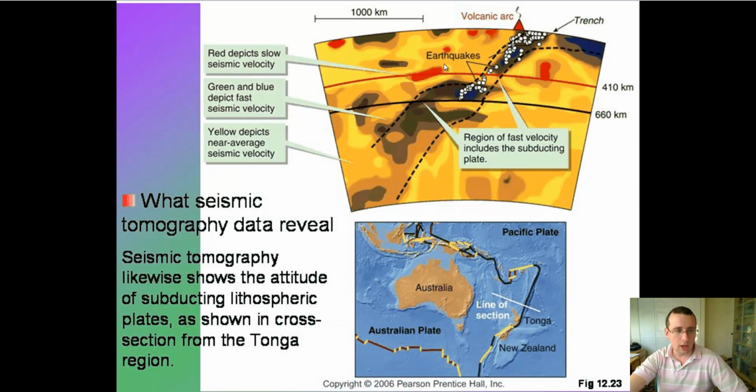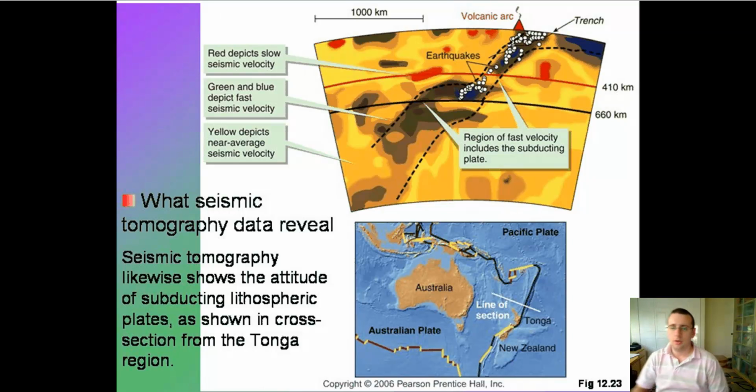And when you do a topographical study, you see that at the trench, if you keep following down the trench, you will see a pattern of earthquake activity mirroring what's expected from a subducting oceanic plate underneath a continental plate. So seismic activity can also be used to help you identify subducting plates.